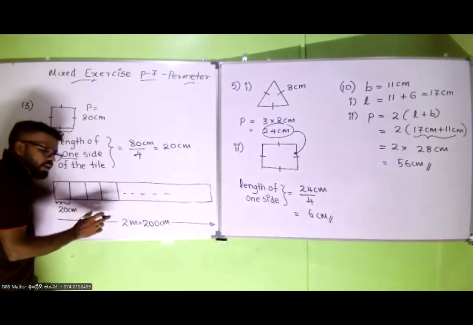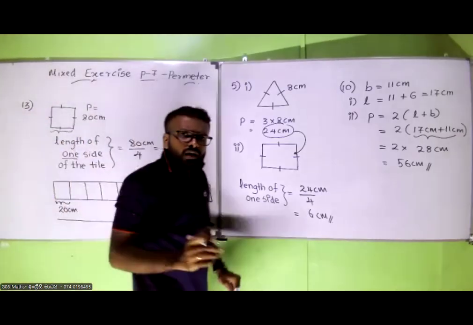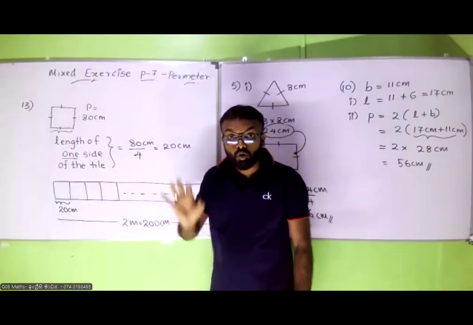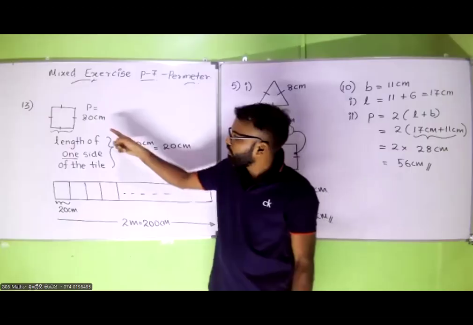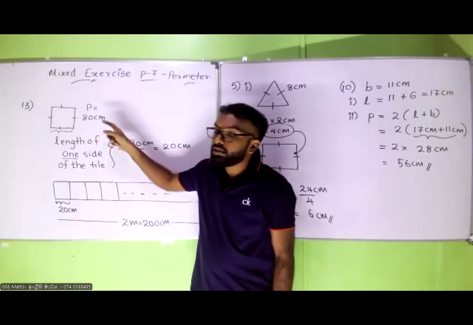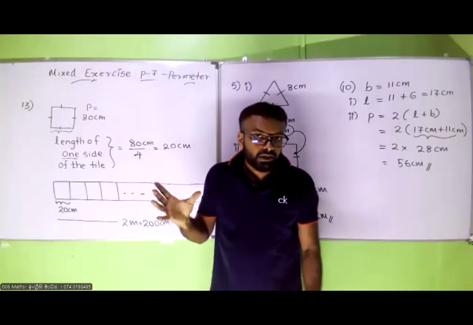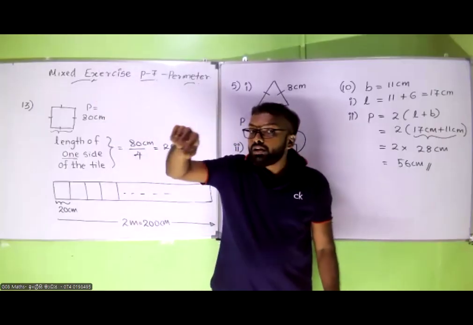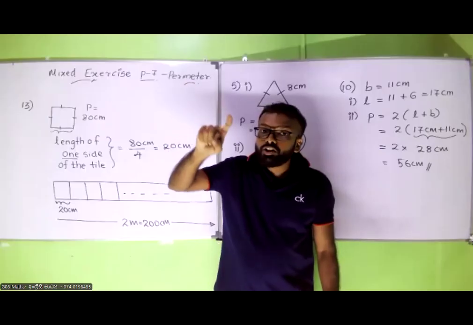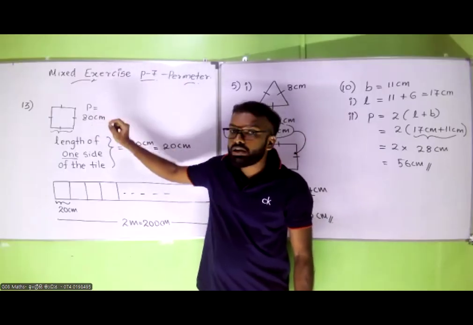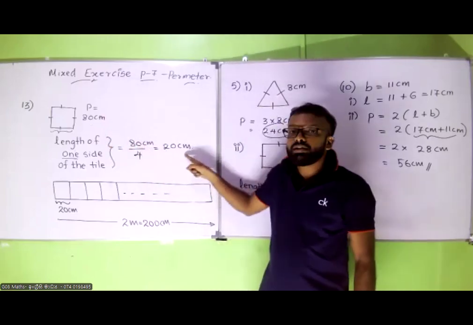Why are we doing that? Can we use 2 meters? No, we can't, because here we have been given the perimeter of the square wall tile as 80 centimeters, and the length of one side of this square wall tile is 20 centimeters.